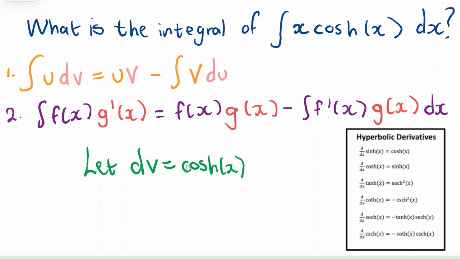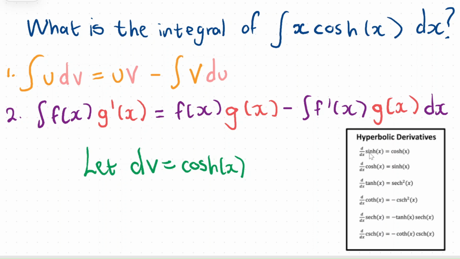Another tip is that whenever you want to integrate, your dv would typically be the easiest or simplest one to integrate. And so dv's are typically values that are easy for you to integrate, and then if you need to differentiate it back, you can do that. And so dv is going to be cosh of x.